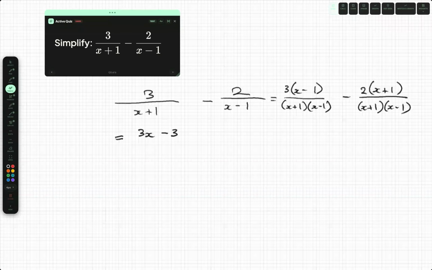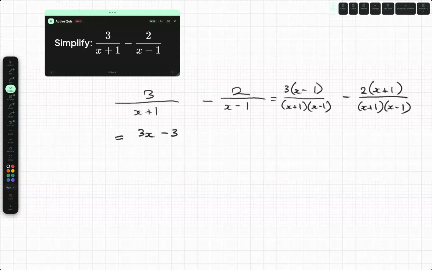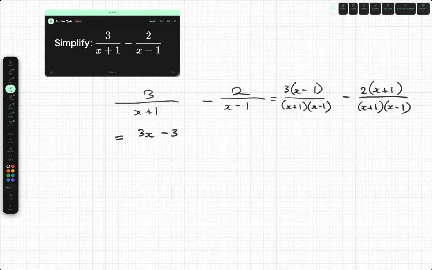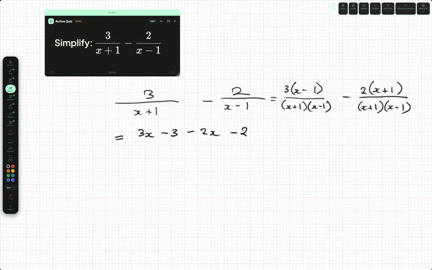You can keep it all in brackets and perform the extra step, or you can just acknowledge that we're doing minus 2 rather than 2. So minus 2x, and then minus 2 times 1 is just minus 2. All over x plus 1, x minus 1.